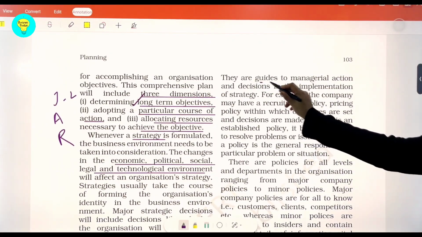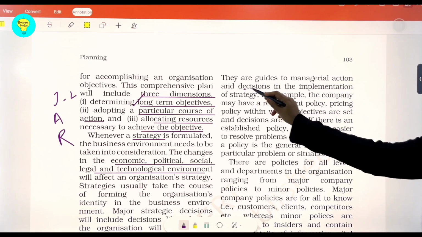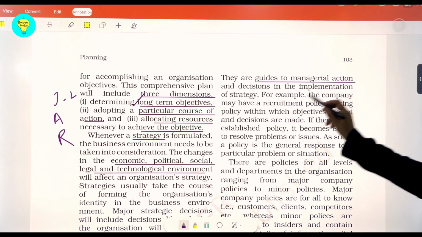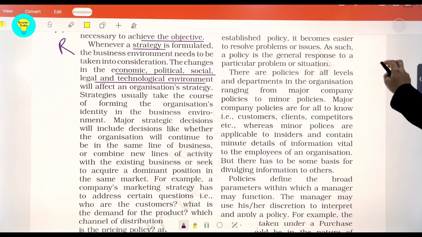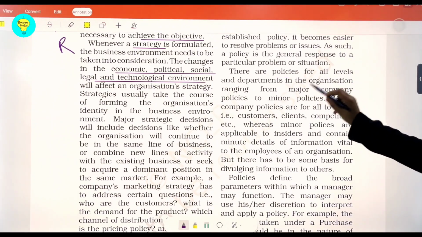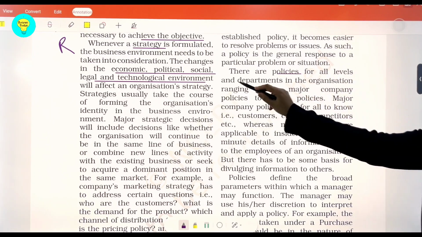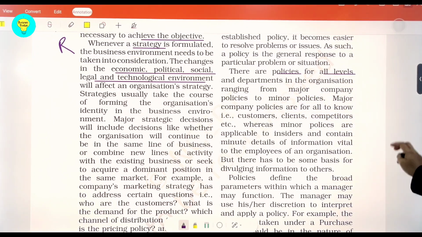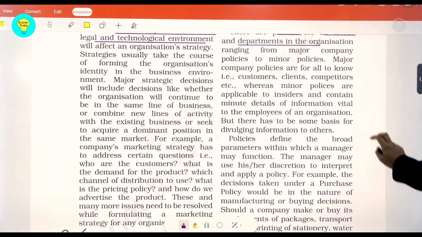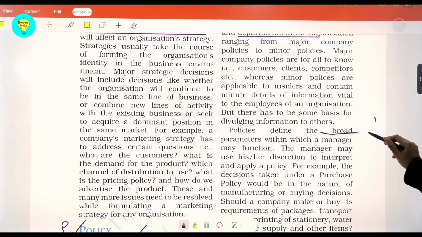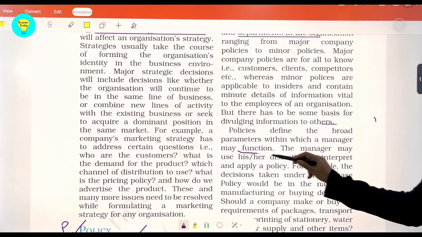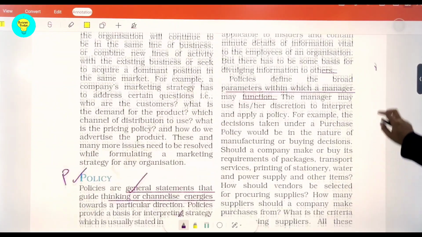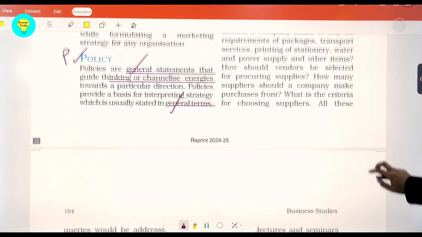They guide the managerial action and help the managers to implement a particular decision or strategy in the organization. So whenever we talk about policies, we have to say that they are at all levels in every department, and policies are always defined as broad parameters, general guidelines to help the manager function in a particular direction. So this is all about policy.